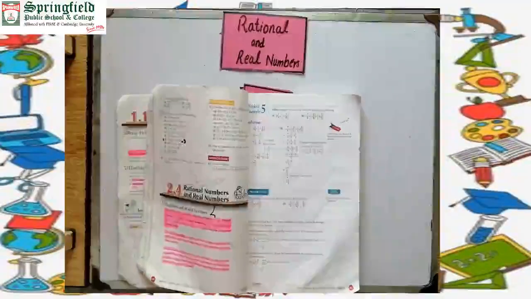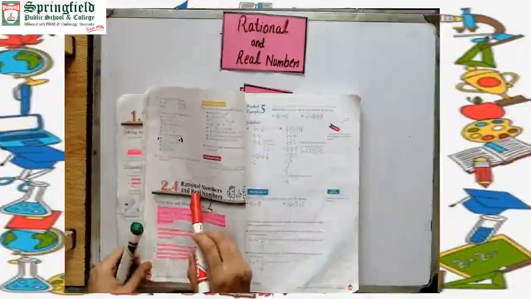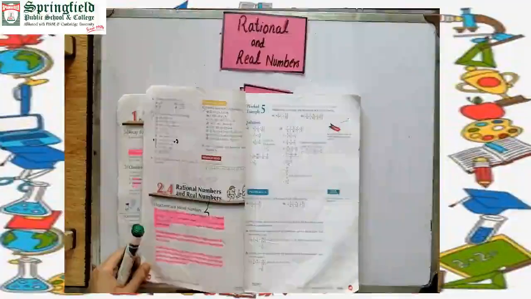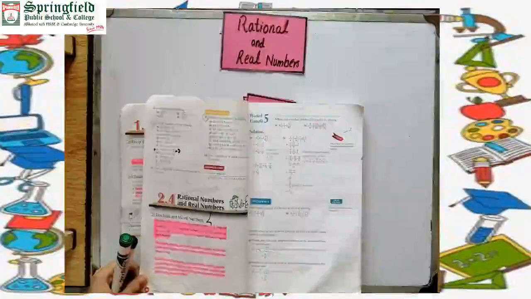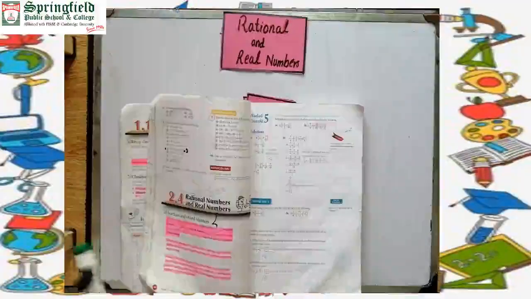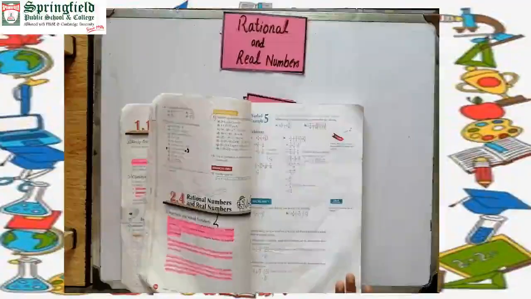Okay. Now after the explanation, take out your book. Turn to page number 43, the topic is rational numbers and real numbers. We already discussed fractions. Now come to page 44, and the new topic is how we can add, subtract, multiply and divide two or more mixed numbers.